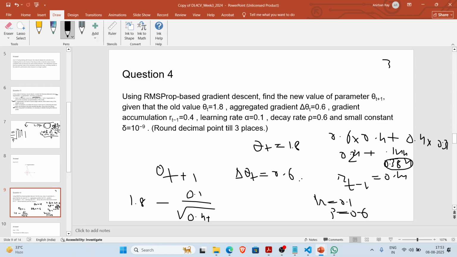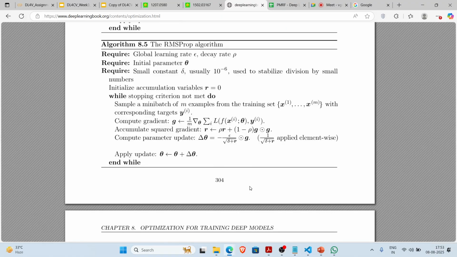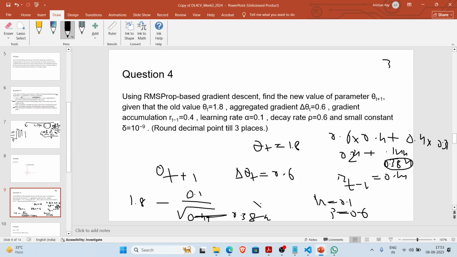Okay, so this is 0.384. Next, multiplied by g, that is 0.6.